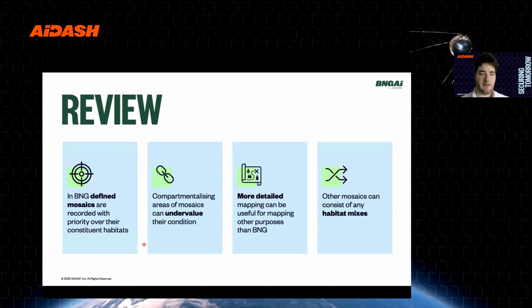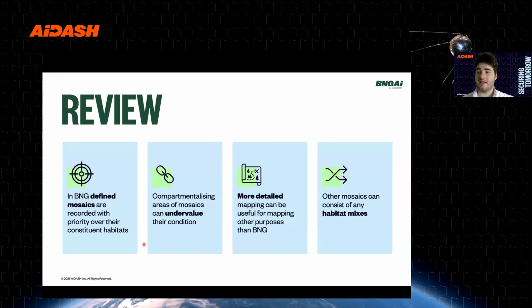And so we need to be careful about subdividing mosaics. We definitely have very good, justifiable situations where we want to map all those compartments, even within certain BNG use cases. But generally within BNG, you want to be mapping those defined mosaics as the primary habitat type in a large polygon or large land parcel.